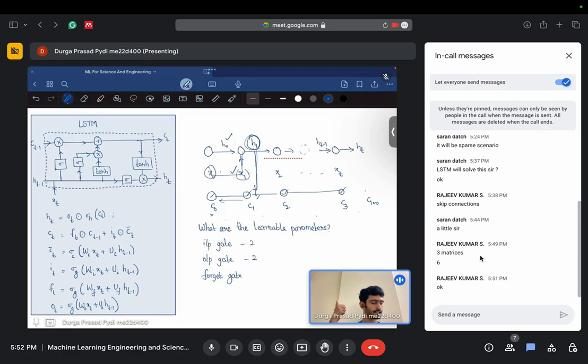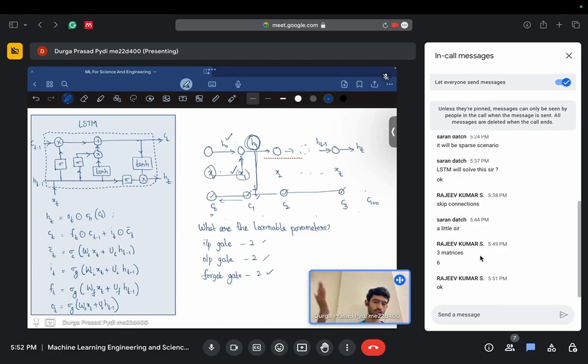Input and output gates decide how much of the input should go to the cell state and how much of the output should be sent to the next hidden state. The forget gate decides how much of the previous cell state to use here. So here again you need two parameters. So you have 3 gates and 6 matrices here.